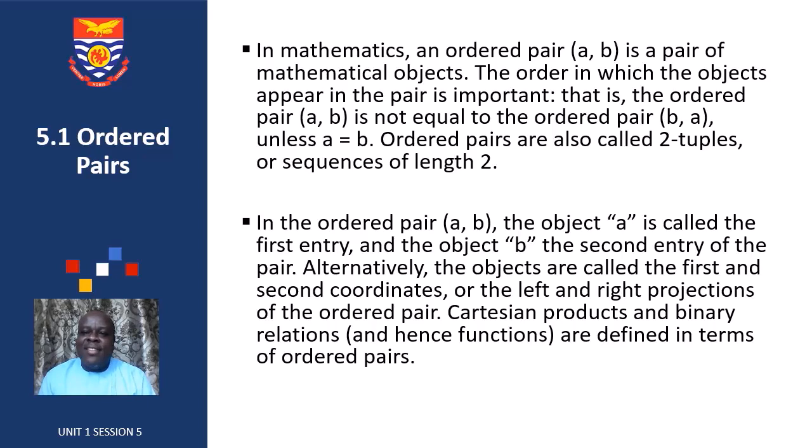Cartesian products, binary relations, and for that matter functions, are mostly defined in terms of ordered pairs. So the ordered pair (3, 5) is not the same as (5, 3). The two mean totally different things.